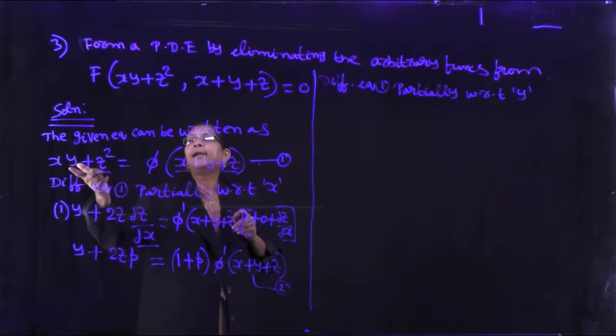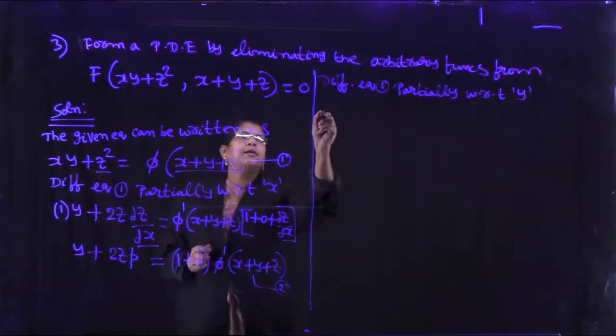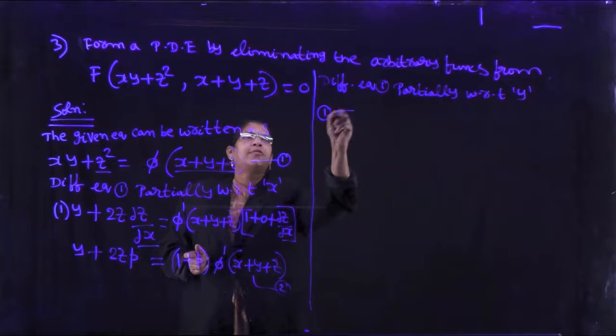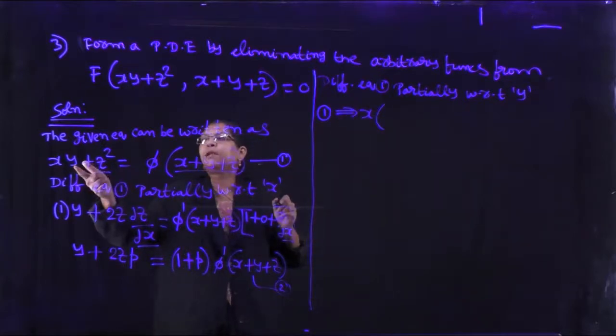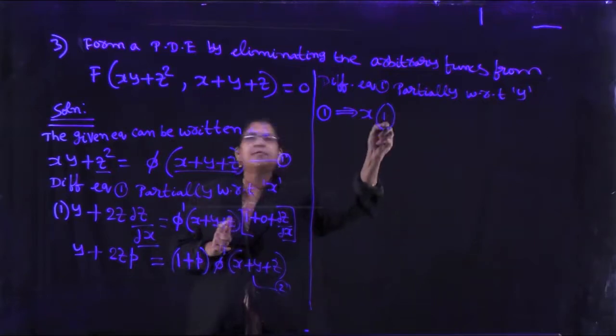If you are differentiating partially with respect to y, x is treated as a constant. The derivative for y is 1.